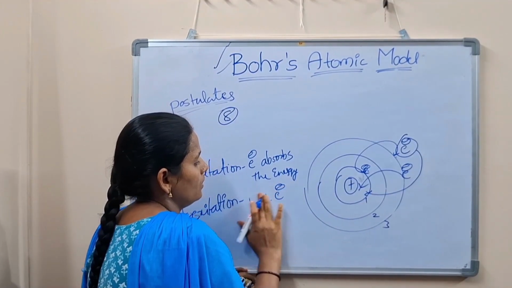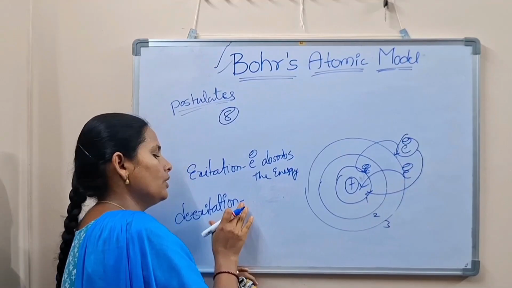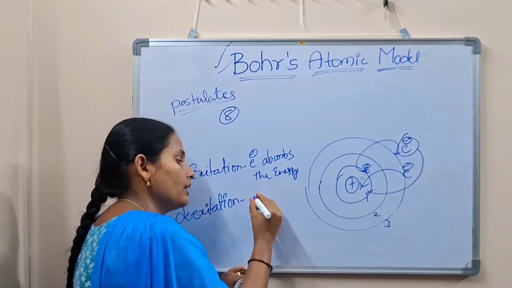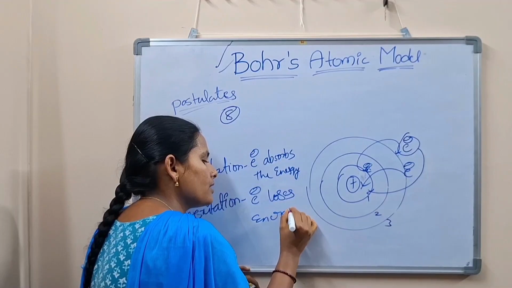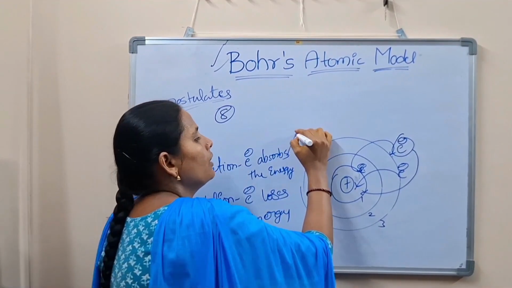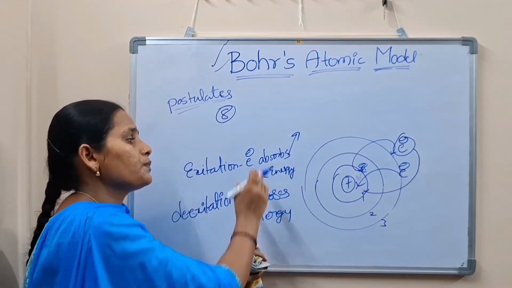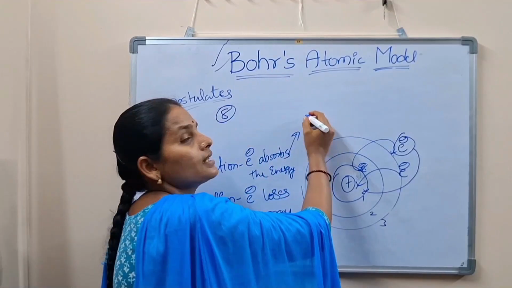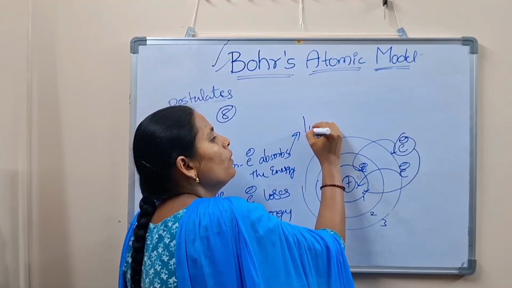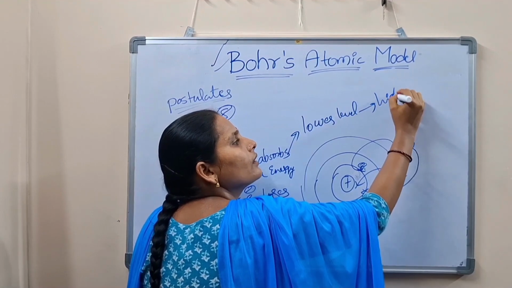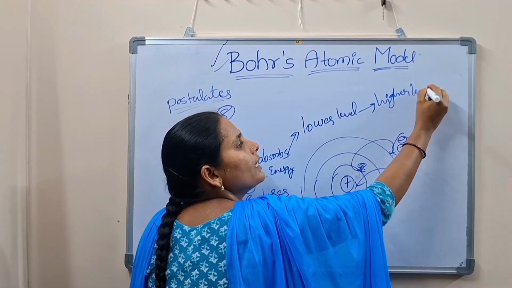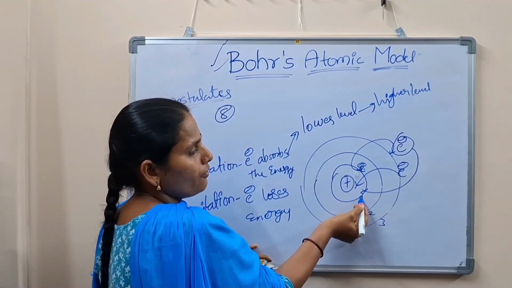During de-excitation, the electron loses energy. During absorption, excitation means the electron jumps from a lower level to a higher energy level, here from first to third.